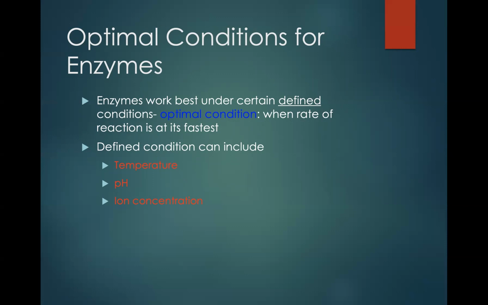So long as we meet these predetermined parameters for this enzyme, we're going to get this rate of reaction at its peak. Some of the defined conditions can include temperature, pH, and ion concentration. These are all factors that we can manipulate and control in a chemical reaction in order to create the most optimal environment for this enzyme.